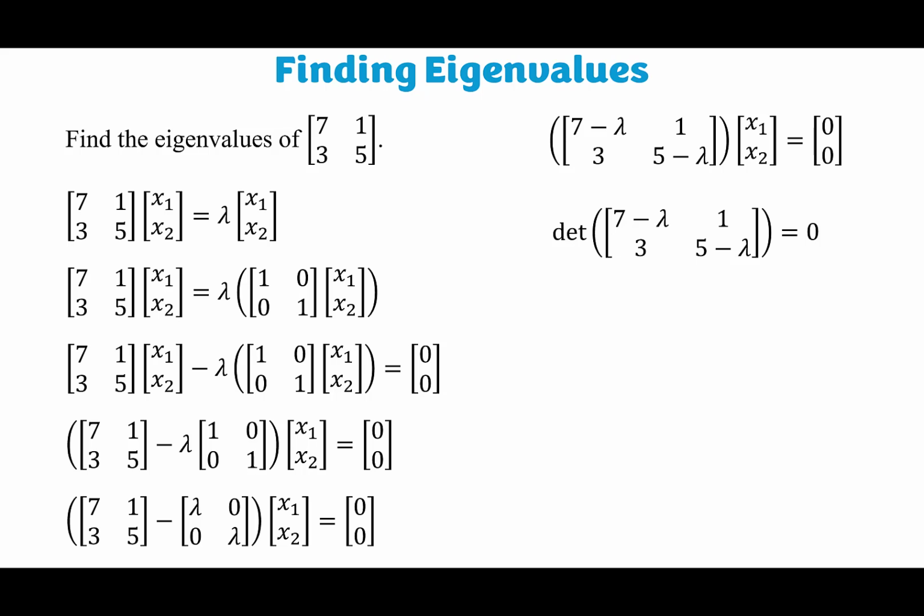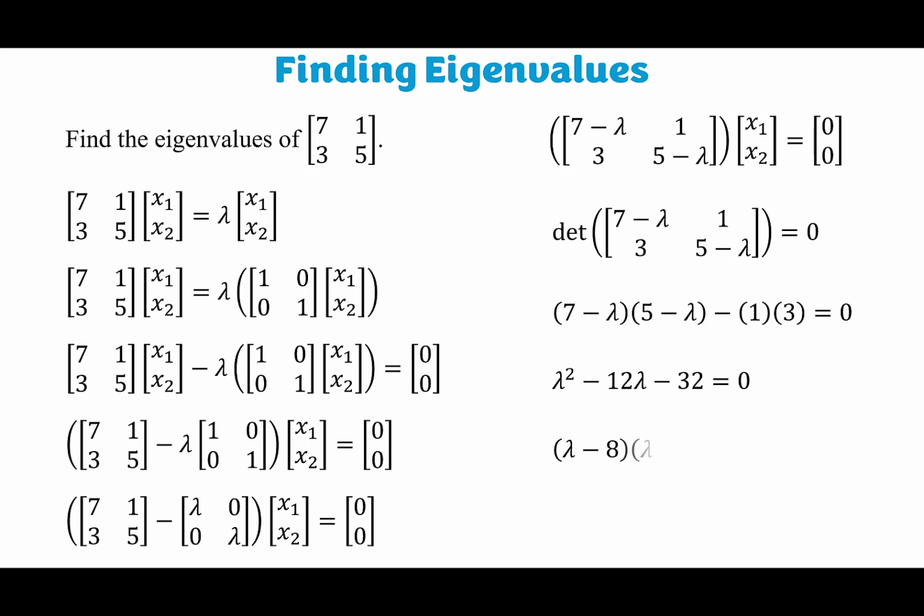All right, so all we have to do is take this determinant, which for 2 by 2 is ad minus bc. So there it is. And you can rewrite that after multiplying the factors through and subtracting 3 to get lambda squared minus 12 lambda minus 32 is equal to 0.